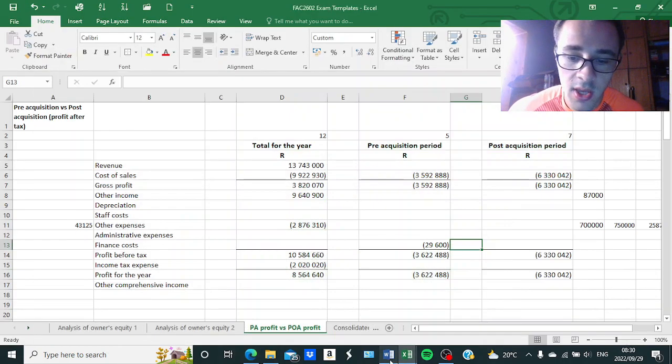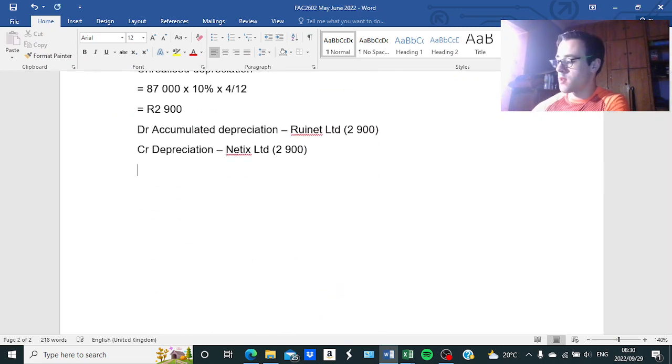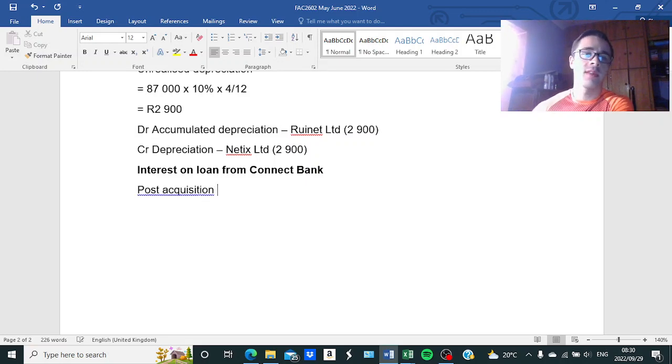So in your calculations, you will calculate the interest on loan from Connect Bank for the post-acquisition period. Because remember the pre-acquisition amount was given. So we only need to calculate the post-acquisition amount.